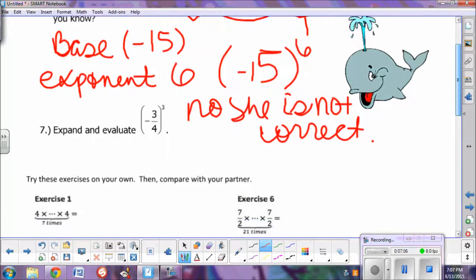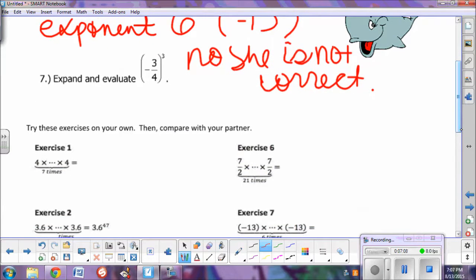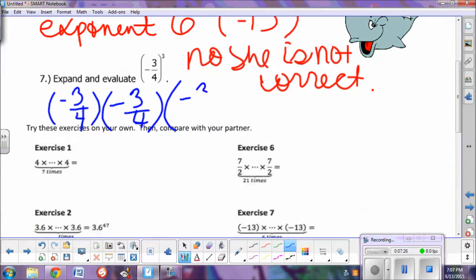Number 7, if we're to expand negative 3/4 in parentheses to the 3rd power. So to expand means write it out. There's our base, our negative 3/4 in parentheses times itself 3 times.